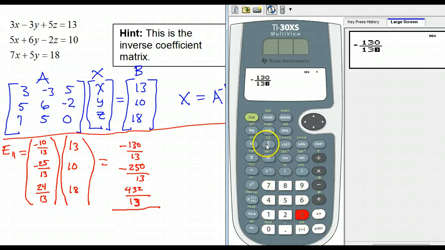Notice how every time I say over, I can hit this N over D button and it just does it. You don't really have to hit the N over D button first. And I'll do plus. Now I've got negative 250 over 13. I have to use my arrow key to get it out of the denominator. Plus 432 over 13.